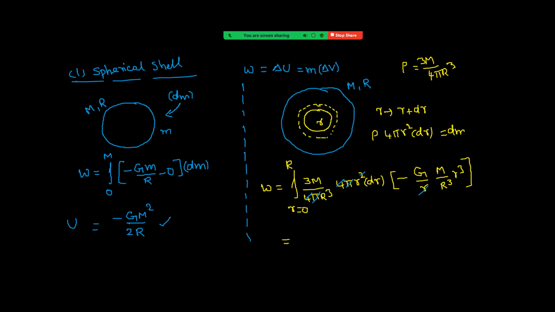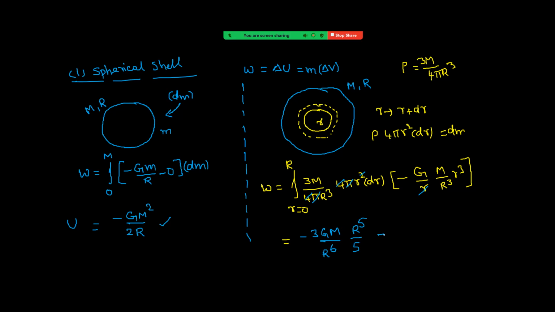Remaining, taking constants outside, minus 3GM, R cube, R power 6, and the remaining is r into r power 3, r power 4 dr. It becomes r power 5 by 5.